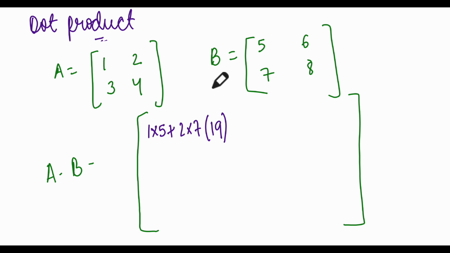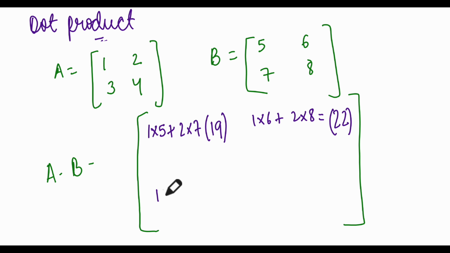Now we will see this one. 1 will multiply with 6 and 2 with 8, so 1 with 6 plus 2 into 8, 6 plus 16, so it will become 22. So it will become this matrix.